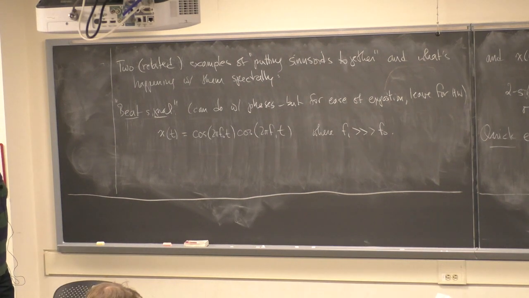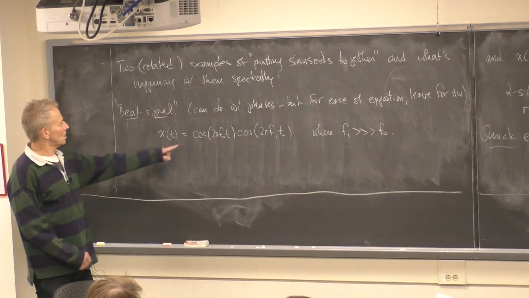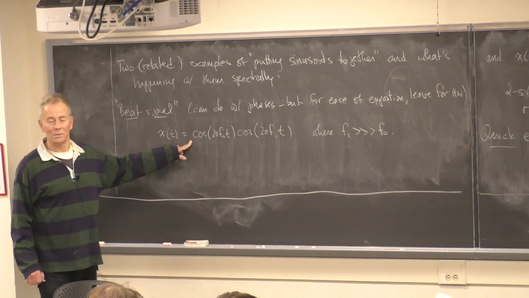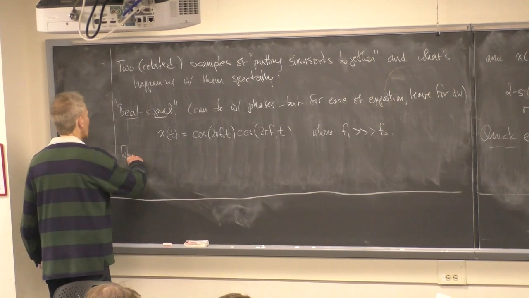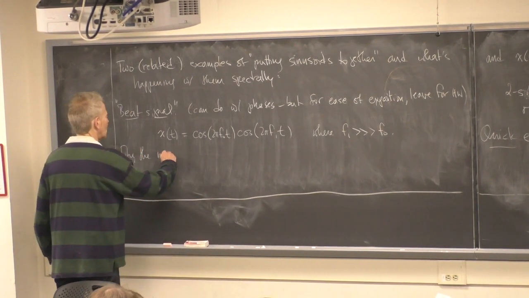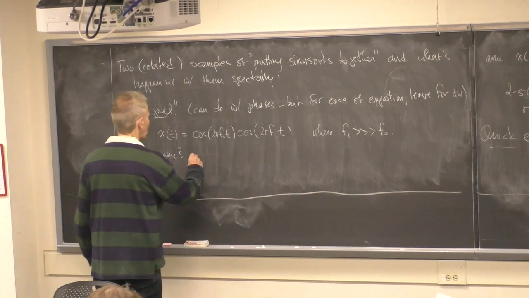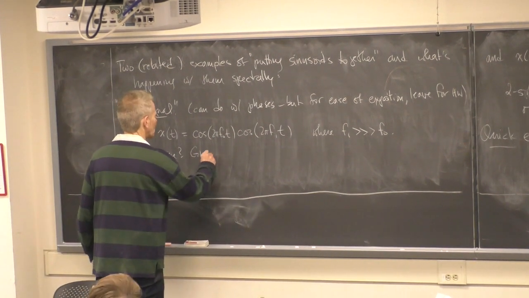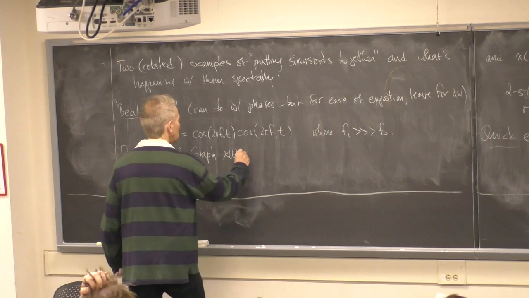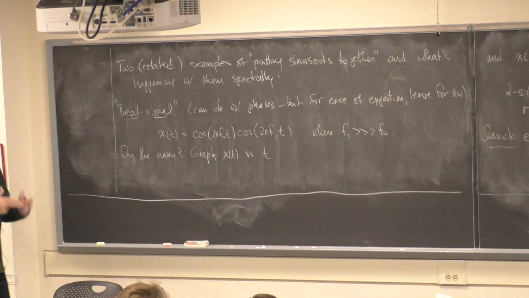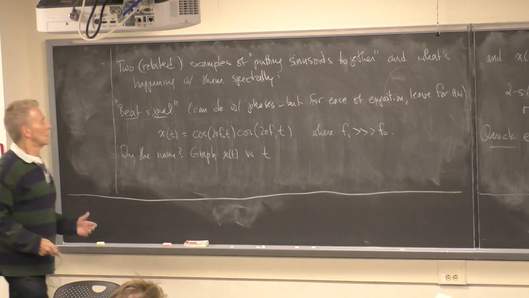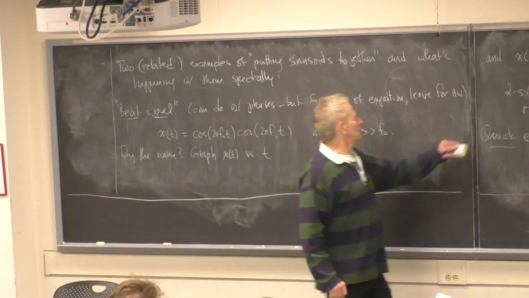Now, why do we call that a beat signal? Well, if you graph this as a time function, what is it going to look like? So why the name? If you graph x of t versus t, and this really is a graph, unlike the spectrum, which is a schematic representation, this is what it looks like.